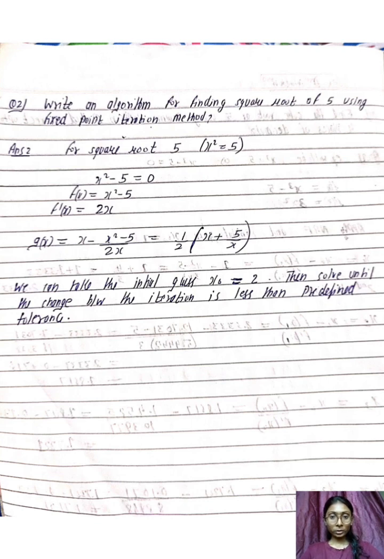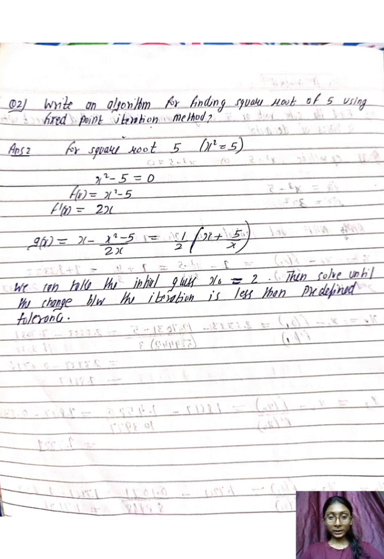From this question, the equation is x squared minus 5 equals 0. Hence f(x) = x squared minus 5 and f'(x) = 2x, or g(x) = x minus (x squared minus 5) divided by 2x.